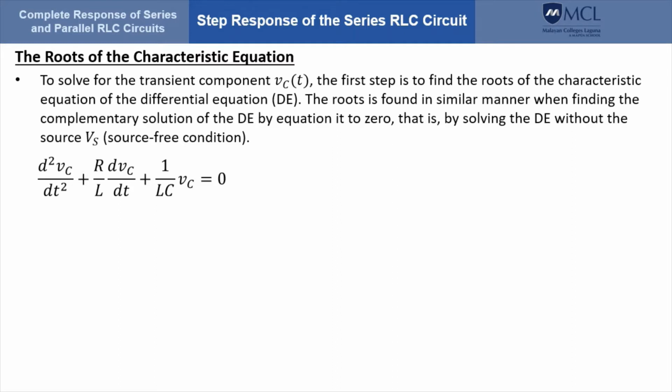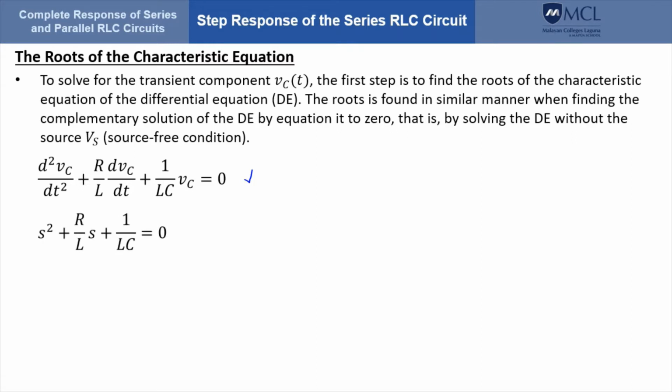Let's assume for the moment that we let the source across the series RLC equal 0. So that is, we don't have a source. That would give us a differential equation that is like this. Then from this, we can form an equation that looks like this.